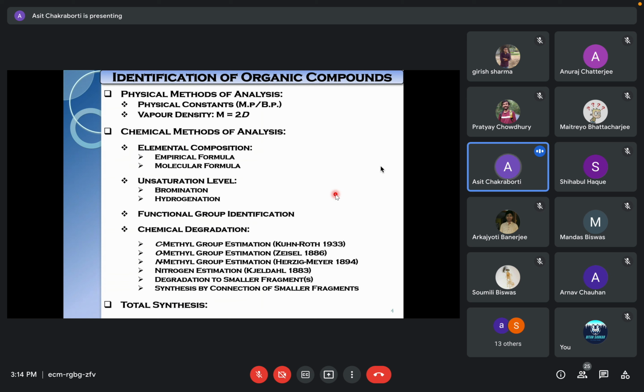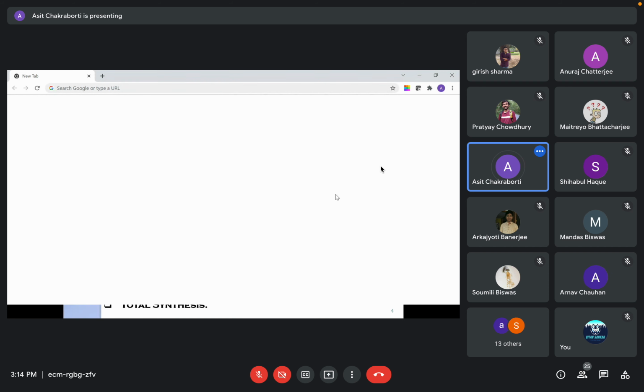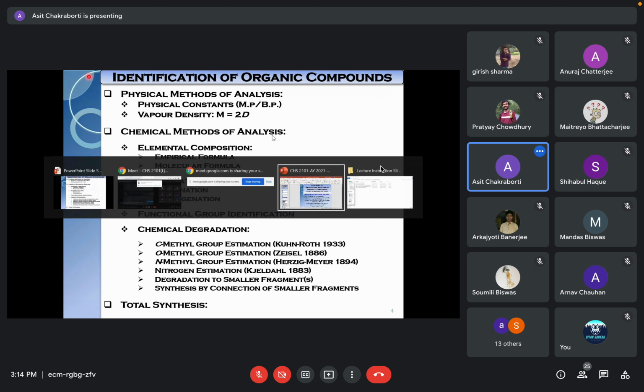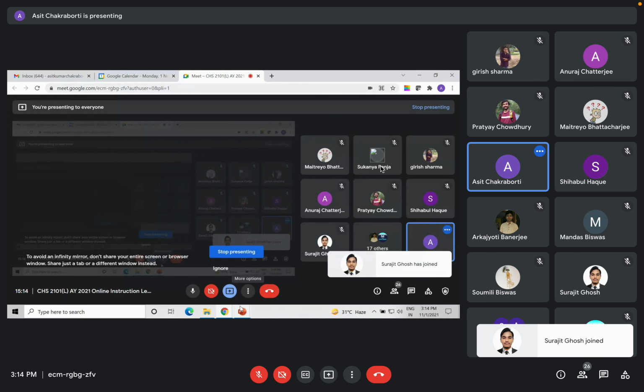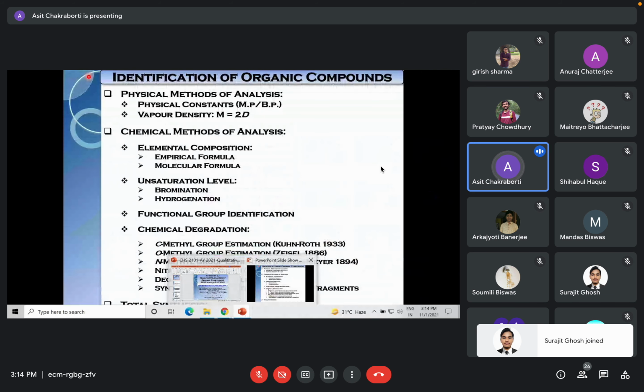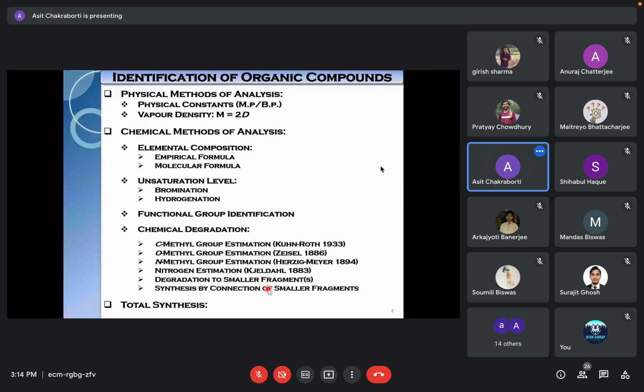But apart from a molecule being distinctly olefinic or acetylenic, there are certain functional groups which consume bromine under other types of chemical reactions.